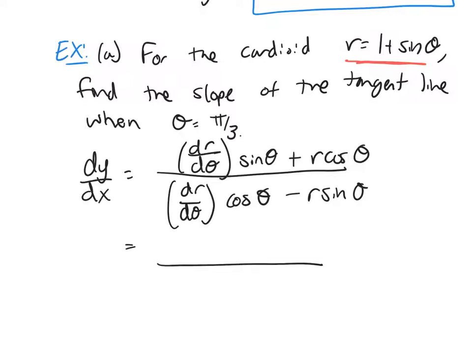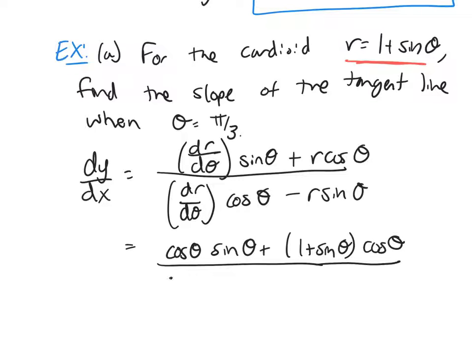You take the derivative of that, and it's just going to be cosine theta. And now r, which was 1 plus sine theta, so cosine theta cosine theta minus 1 plus sine theta sine theta.